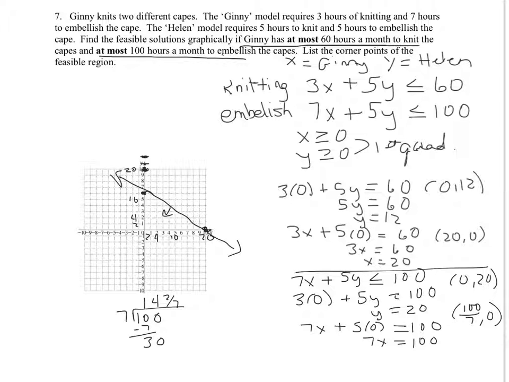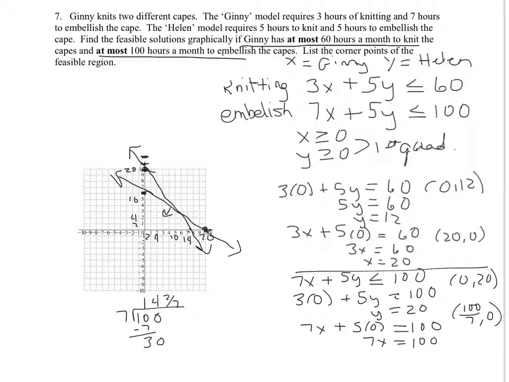That means I'm just going to have to estimate about where this will be on the graph. So 14 is right there, and 14 and 2 sevenths means I'm going to be just a little past that on the graph. So I'm going to come from here to here.